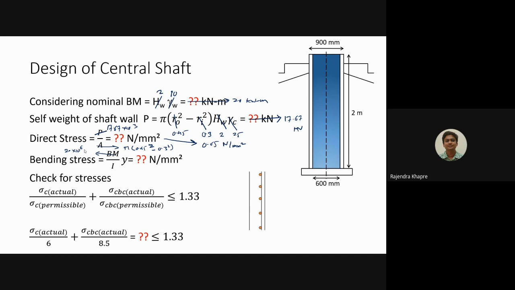So your I value will be pi by 64 into d outer to the power 4, so d outer is 900 to the power 4, and inner will be 600 to the power 4. This value will go over here, and the value of y will be 900 divided by 2, that is 450 mm. So please calculate the bending stress.